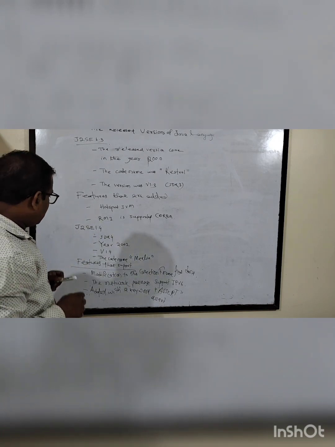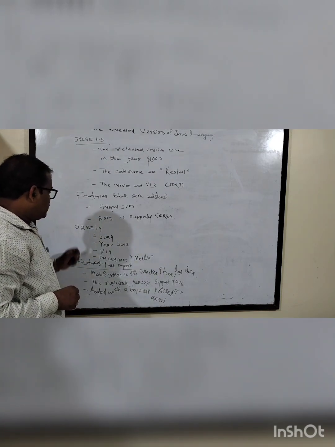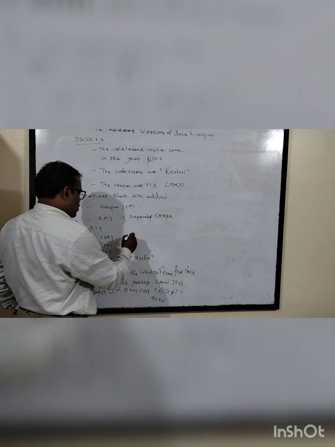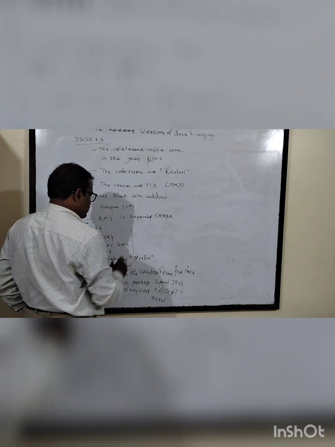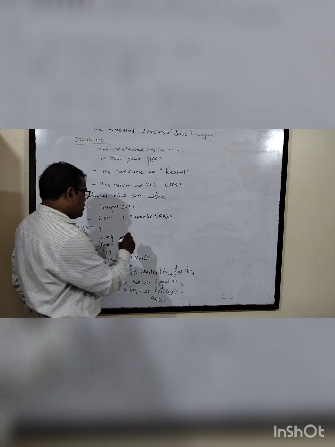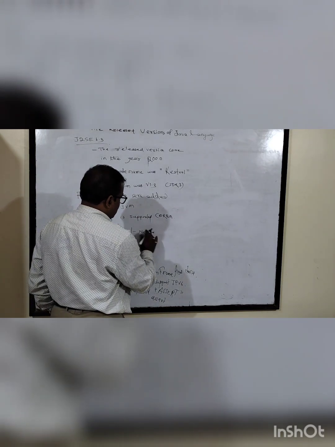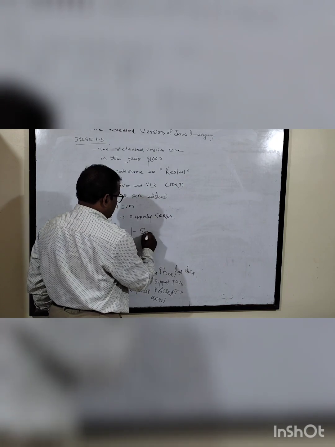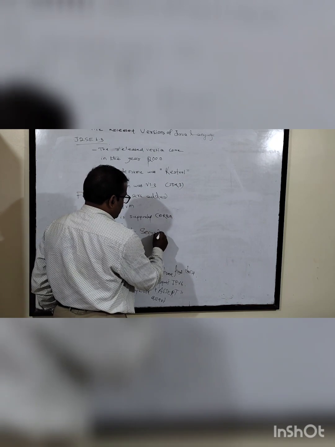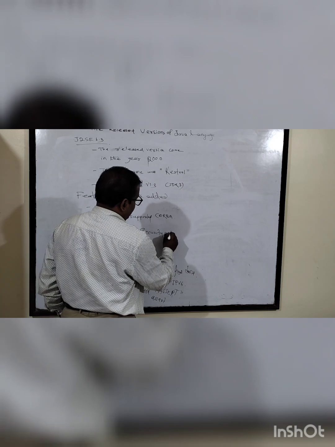And what are the major things that have been added in this version? One of the major things for Java is security and cryptography.